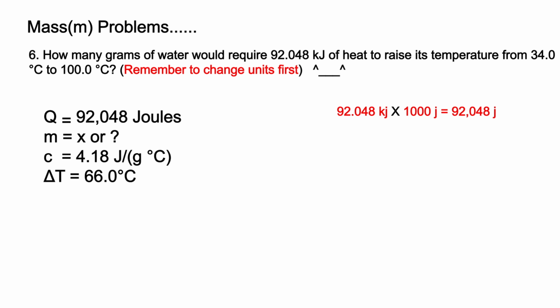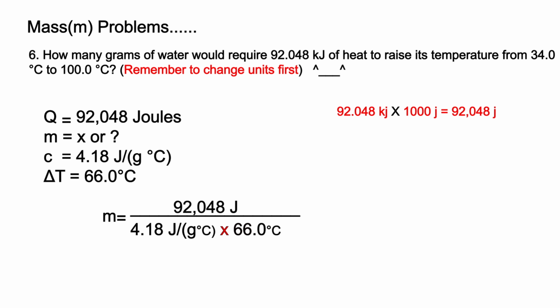It looks like this: M equals 92,048 joules divided by 4.18 joules per gram times 66. And the answer will be 333.65 grams.